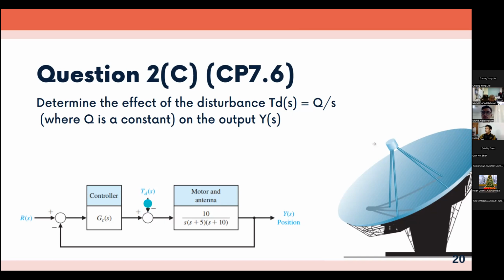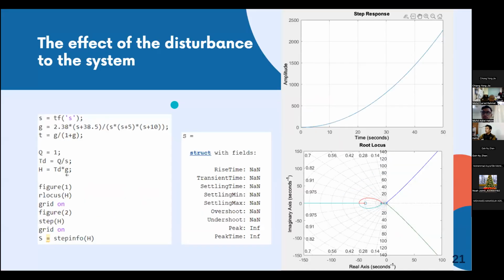For example, Q equals 1, and the disturbance will be 1 over s over here, and this is the output, which we already combined with the disturbance, and we see the result over here.